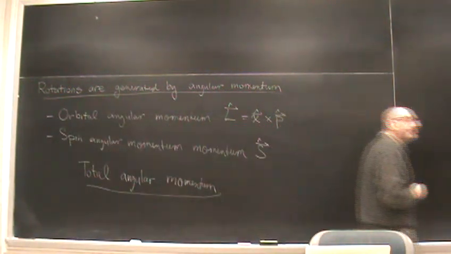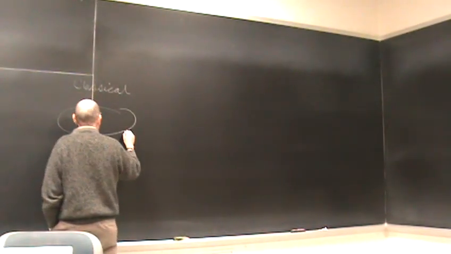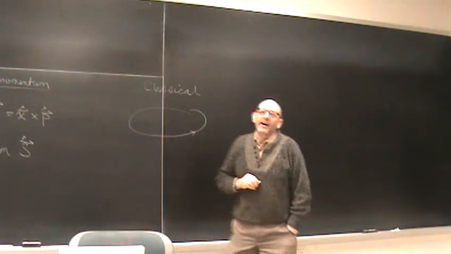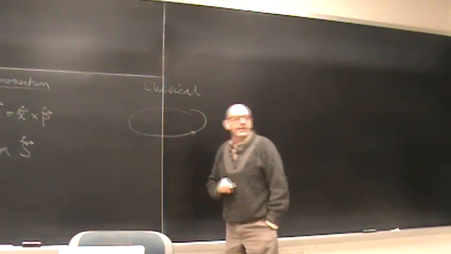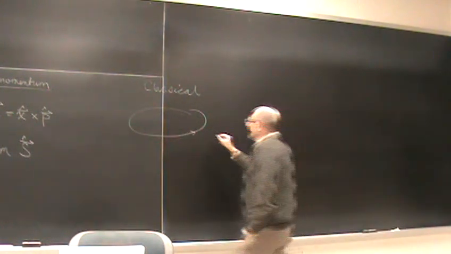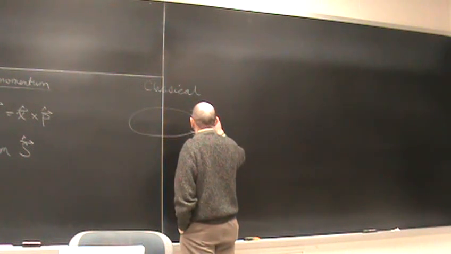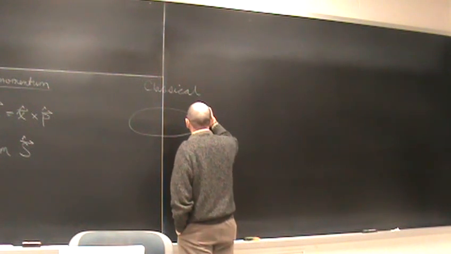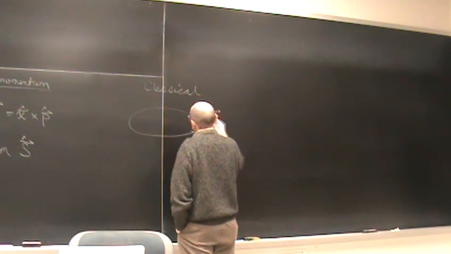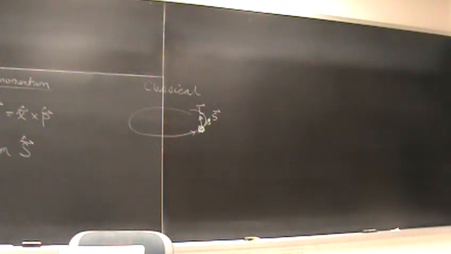So classically, if we have, say, a planet orbiting the sun, it has some angular momentum associated with that motion, and that body might itself be spinning around its axis, so it might have some L and S, where S is the spinning particle, or the spinning Earth.